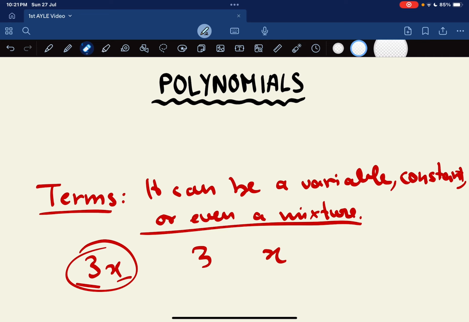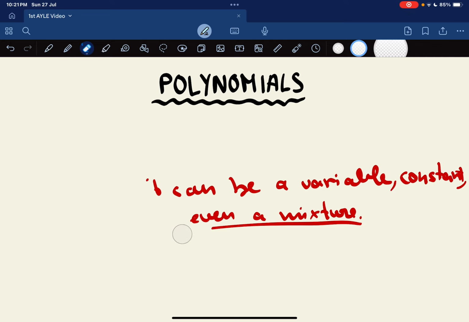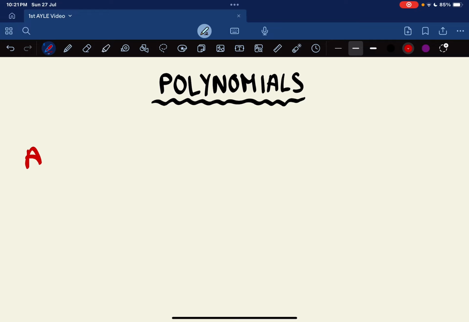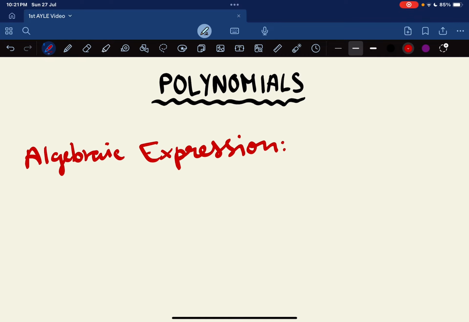All right? Now, the next terminology that we're going to look at is an algebraic expression. Now, this is a combination of terms, okay?